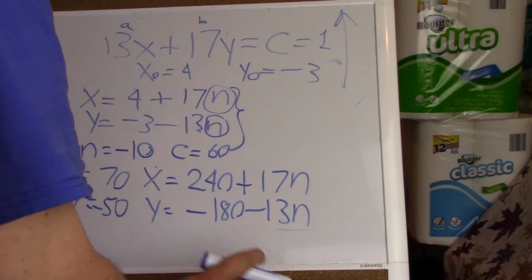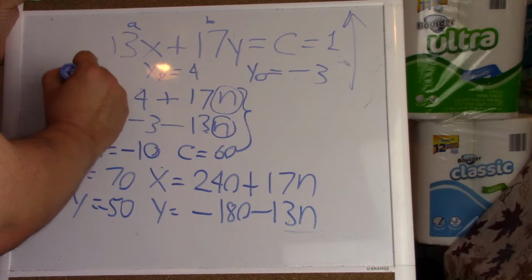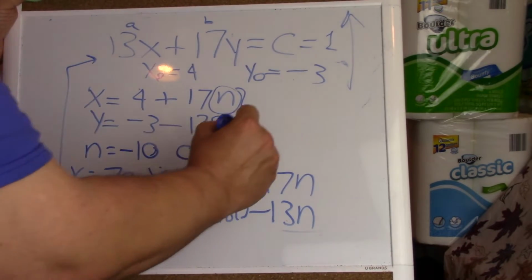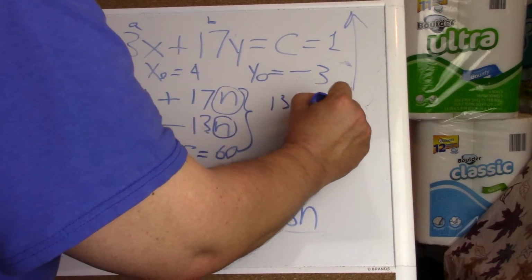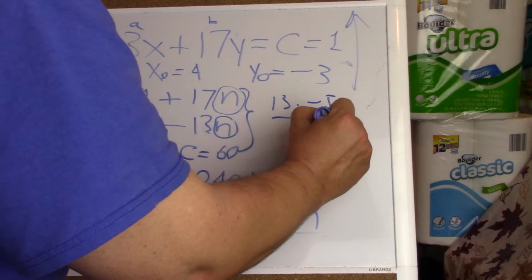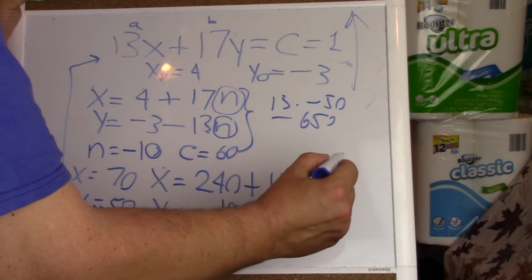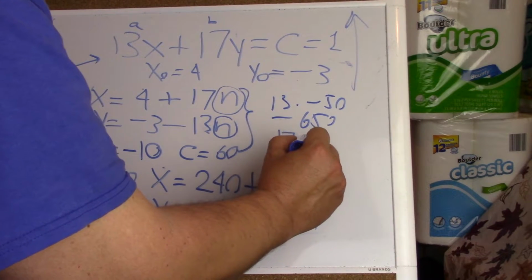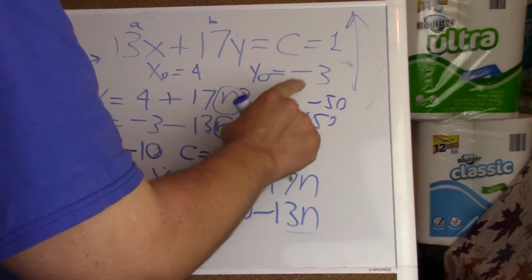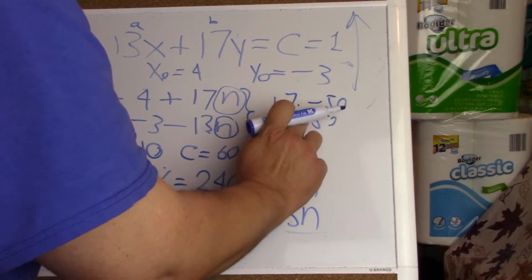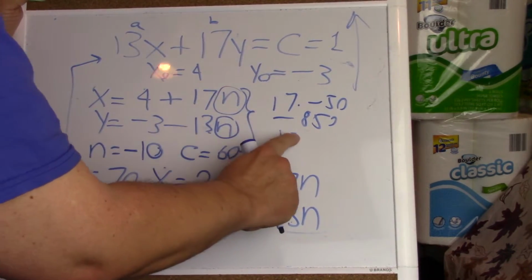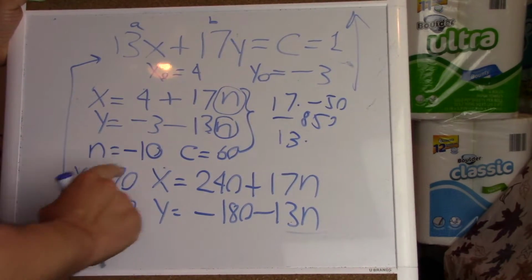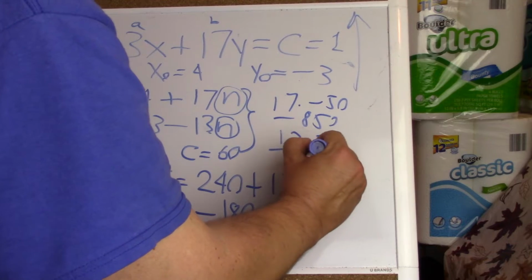And then when you plug these values in this equation, you sure are going to get 60. So 13 times minus 50 is minus 650. Then 17 times minus 50 is minus 850. 13 times 70 is 910.